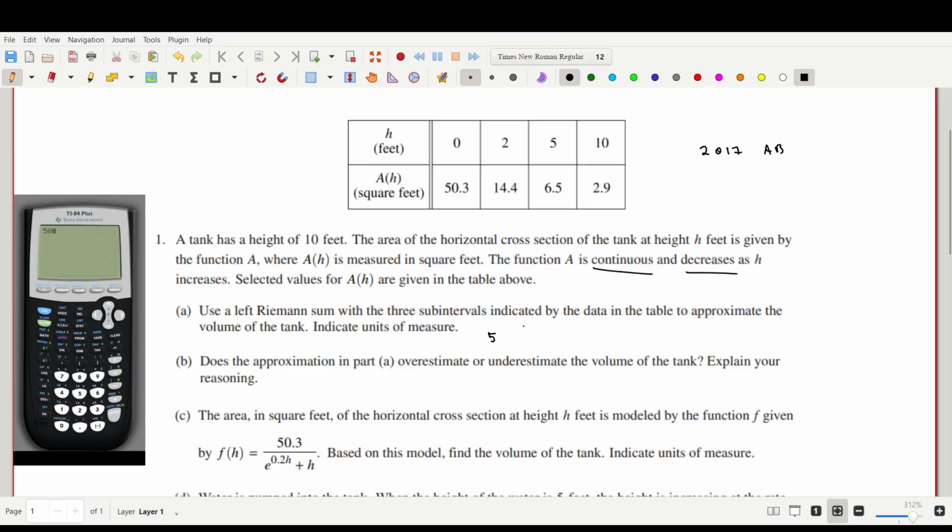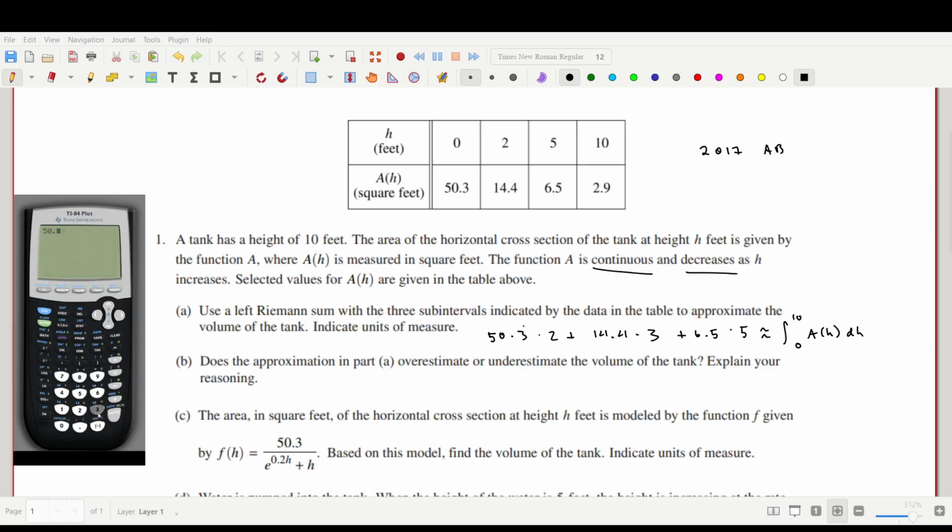Left Riemann sum, so 50.3 times 2 plus 14.4 times 5 plus 6.5 times 10, not times 10, oh my gosh, times 3, the gap, plus 6.5 times 5. And that approximates the integral from 0 to 10 of A of h dh. I think that's right.